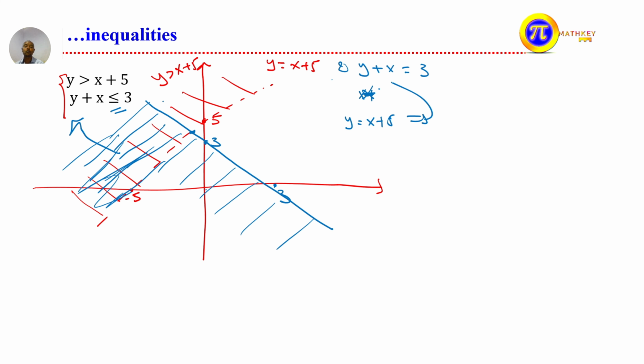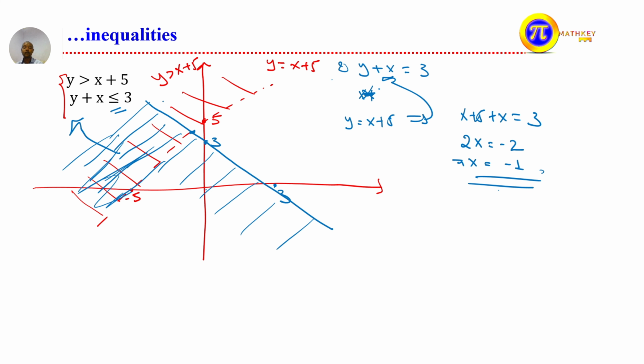Substitute this value into this equation. This means x plus 5 plus x is equal to what? That is 3. x plus x is 2x. Here we have 5. Take 5 to the right side. It becomes 3 minus 5, which is negative 2. What is the value of x? x is equal to negative 1, by dividing both sides by 2.